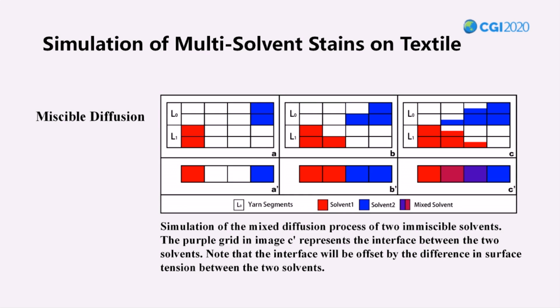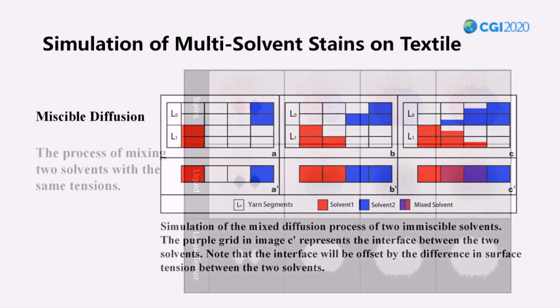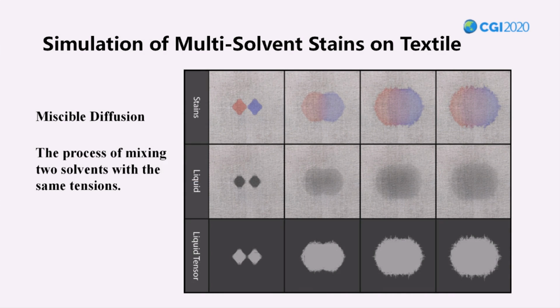Unlike the TLM model, we need to independently calculate the diffusion of each solvent on the fabric, and in different yarn grids, calculate the tension and viscosity of the mixed solvent, and the diffusion of different dye particles between different solvents. On this page, we show a demo effect.